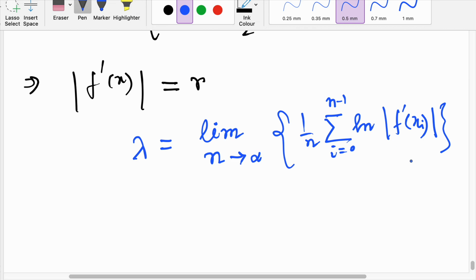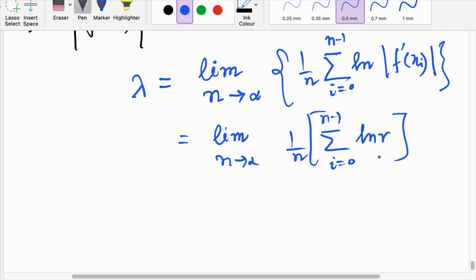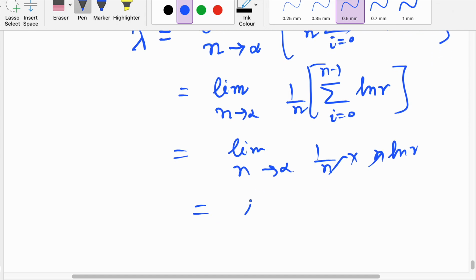We know that every f prime xi is r, so the summation of i equal to 0 to n minus 1 gives n times ln r. So this is the limit n tends to infinity of 1 by n into n ln r, which is only ln r. So lambda we get is ln r for the tent map.